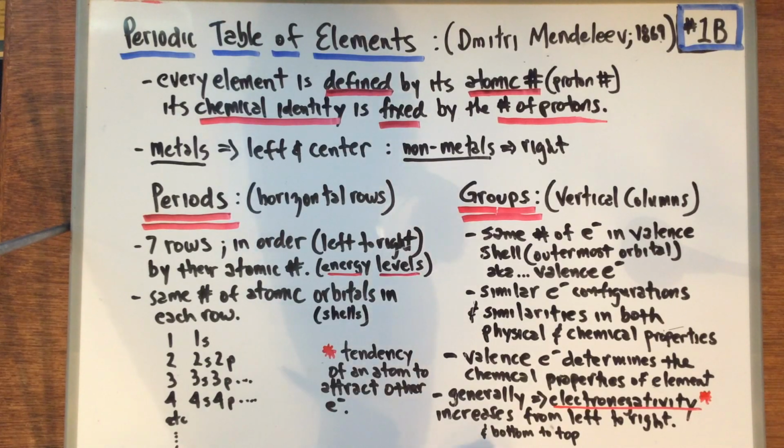He was the first one to actually categorize these elements, and in doing so would leave blank spaces, knowing that they hadn't really identified all the elements that were possibly out there. And so that was a big breakthrough in the development of this periodic table of elements. Now, he developed what he called the periodic law, which basically said that the properties of the elements vary periodically with their atomic mass.